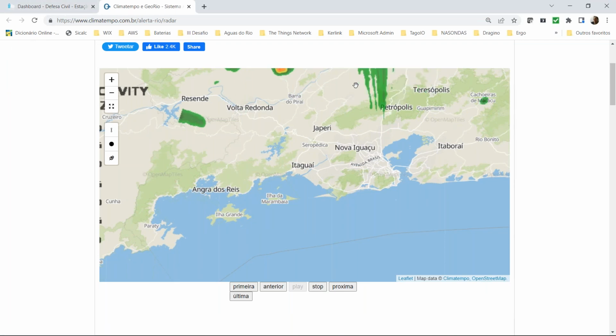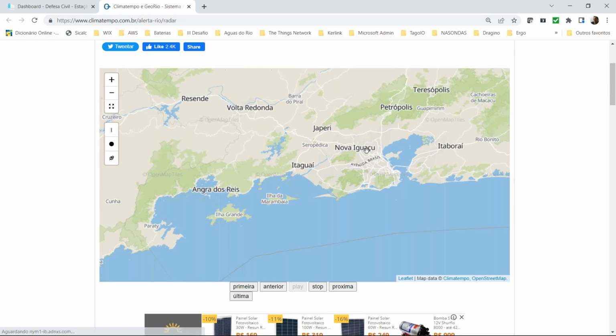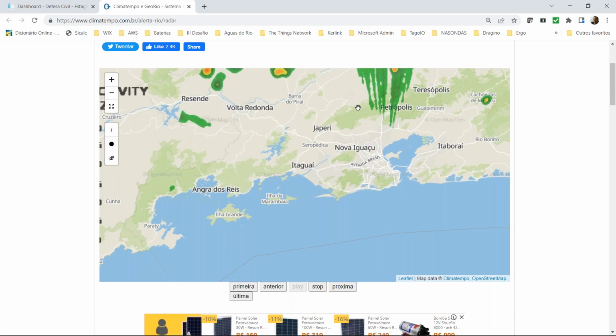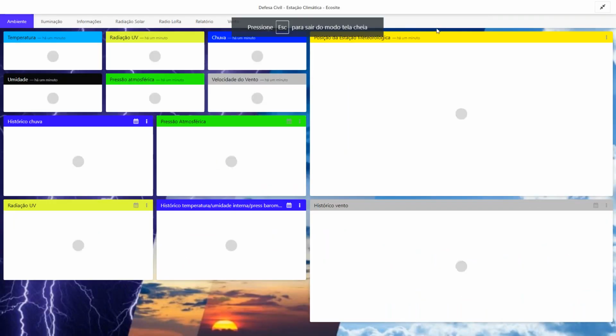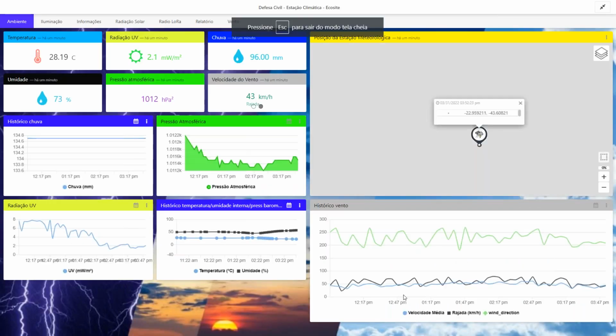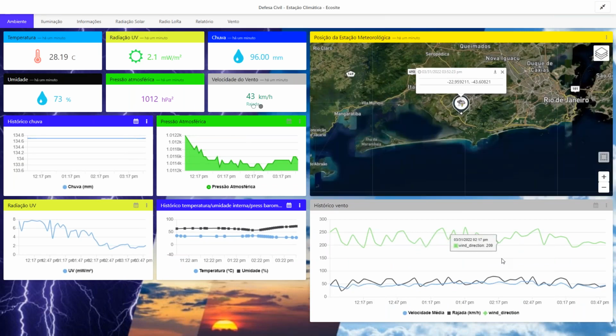This is the north here. Why is it important to know the direction? Because I need to pay attention to the wind direction. Okay, now we have a southwest direction, 208 degrees in the wind direction.